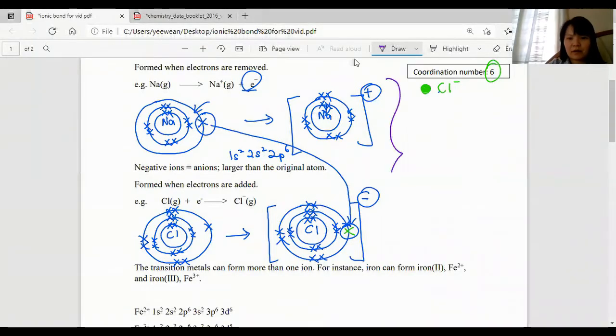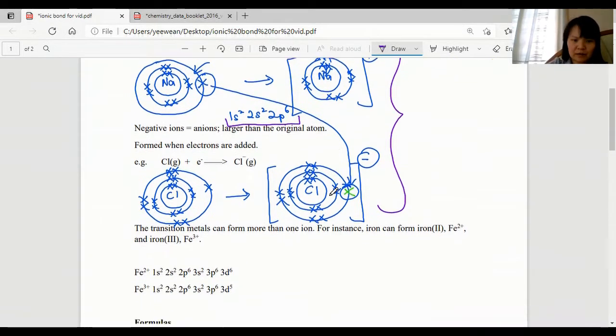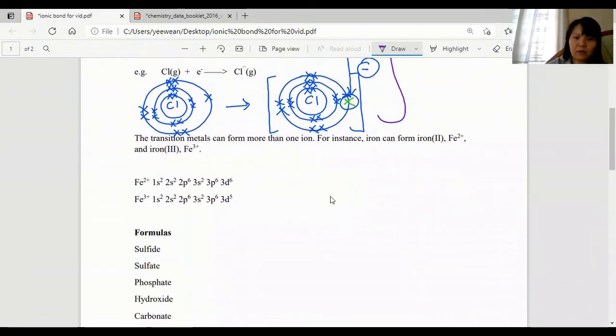Usually when these ions are formed, they want to be isoelectronic with a noble gas. That means the same electronic configuration or same number of electrons with a noble gas. But for transition elements, transition metals, they can form more than one ion, more than one type of charge. So for example, there is Fe2+ and Fe3+, and we must remove the electrons from the outermost first, which is that 4s2.